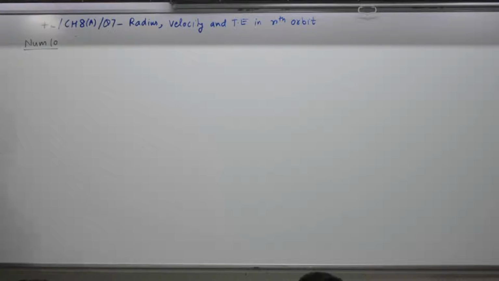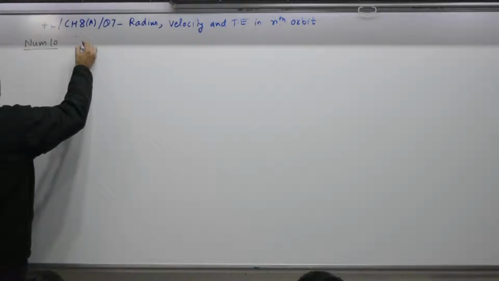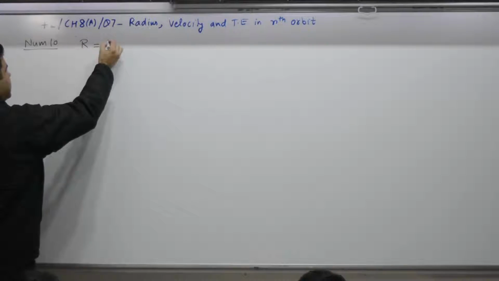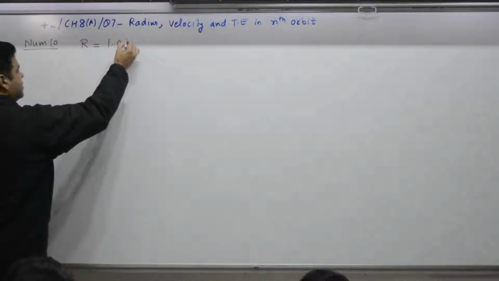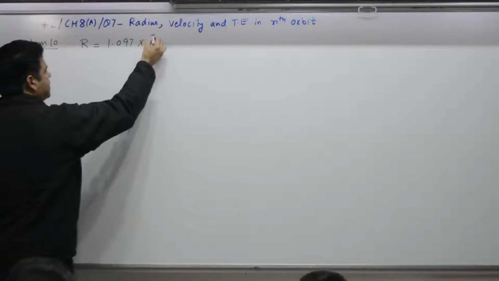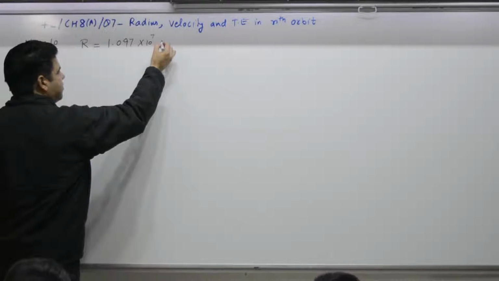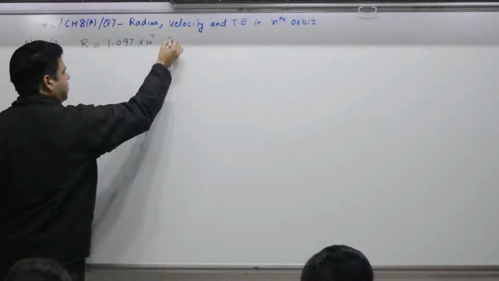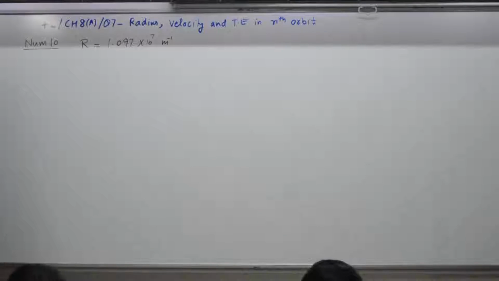Given is what? Yes, Rydberg's constant. How much? 1.097 into 10 raised to the power 7 per meter.